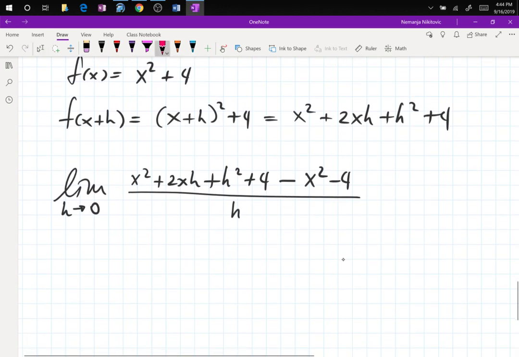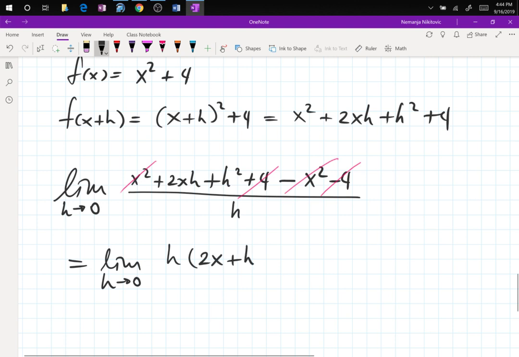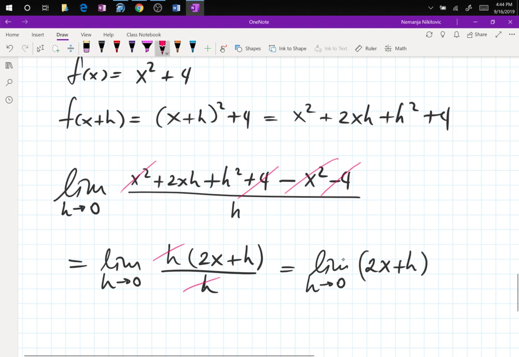Now, the negative x squared kills x squared, negative 4 kills 4, and we have the limit h goes to 0 of, factor out h, you have 2x plus h. Divided by h you want to get rid of. Well, now you can. So kill it. And you have the limit h goes to 0 of 2x plus h. Now your h goes to 0. And the answer is just 2x.